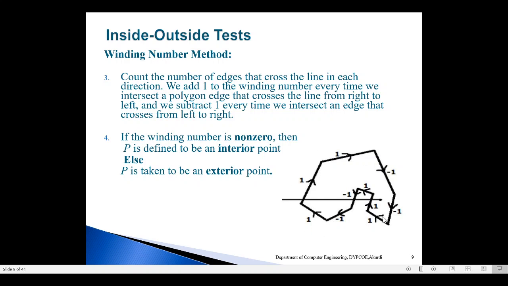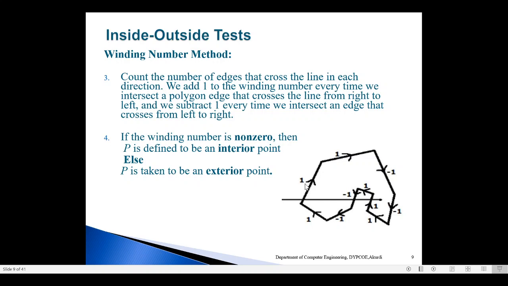So after giving this weightage, now the next step is, we'll consider a scan line from outside to the point which is to be tested, just like a previous method, and then we'll find out the number of intersection for the polygon. So wherever this scan line is intersecting to polygon edge, that weight will be considered.